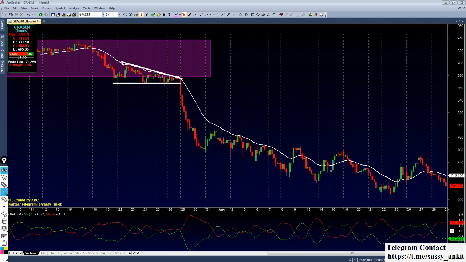Some may call it a triangle, some may call it a pennant or anything. Since we know the price is below EMA, there are high chances that the price will break down on the lower side. So let's draw a line here for reference.